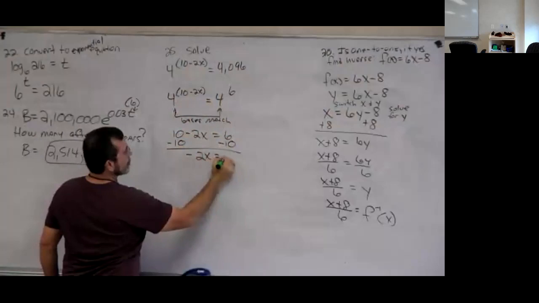And then divide by negative 2. So negative by negative makes a positive 2. So if you put 2 here, 10 minus 4 is 6. 4 to the 6th is 4,096. Okay. So y'all will convert to the same base.